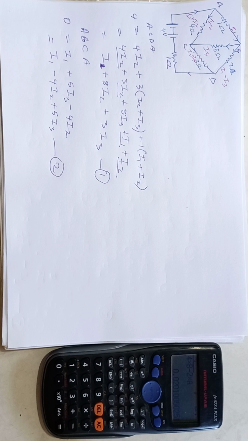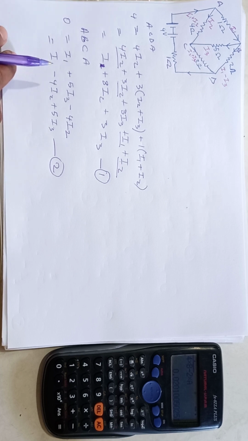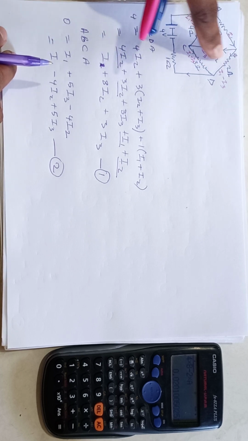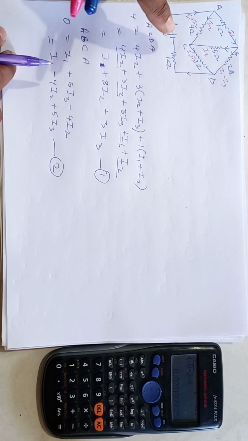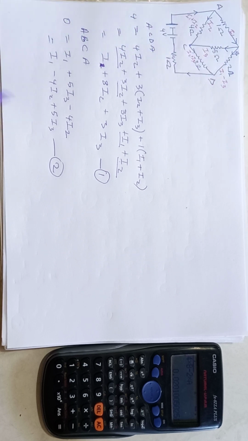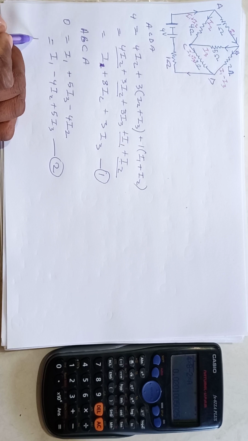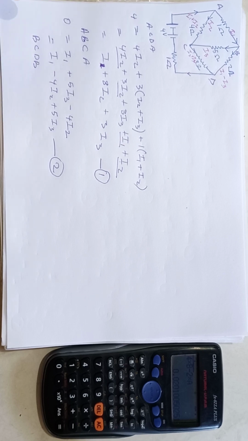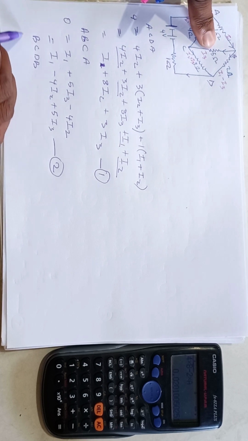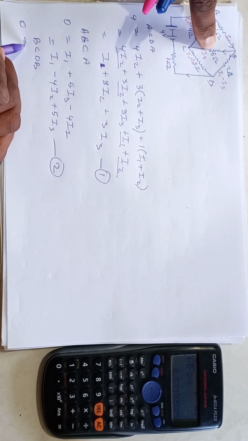On our third equation, let's take this one, since on the previous one we took that one. So let's take B, C, D, B. Here we don't have a cell, so this is 0.